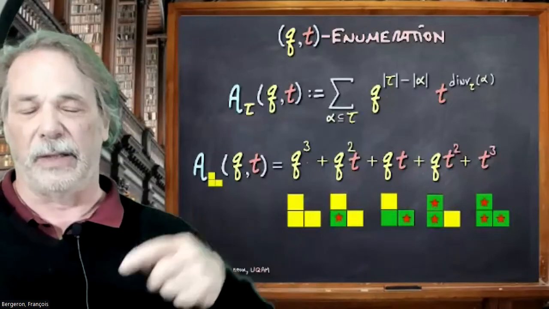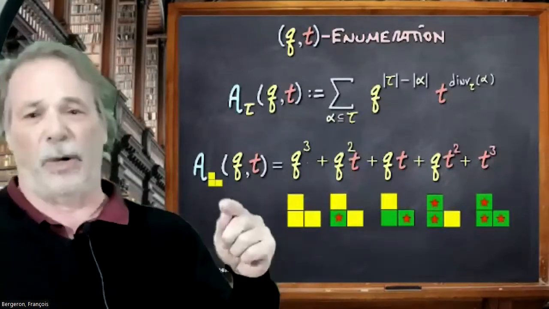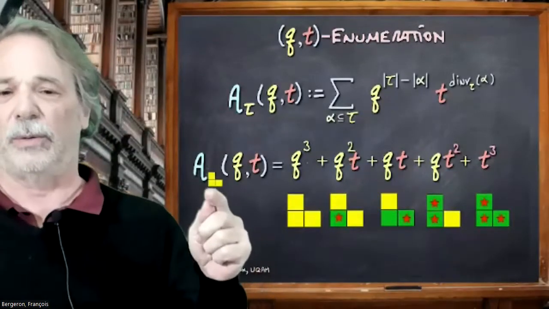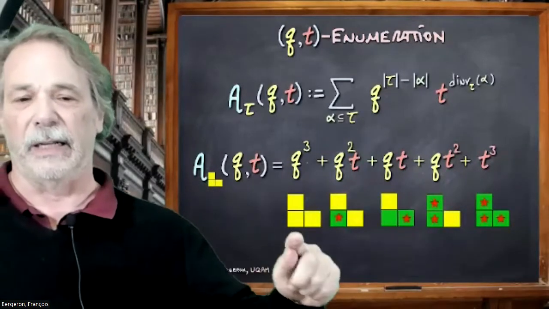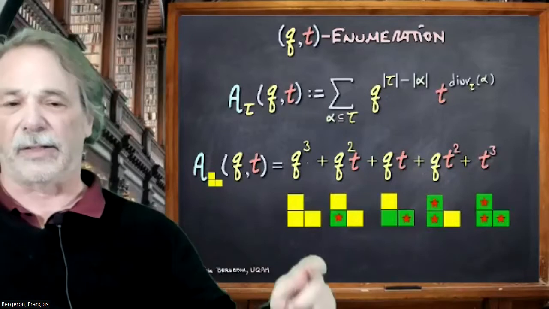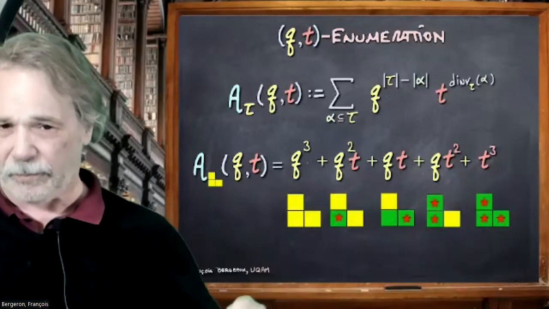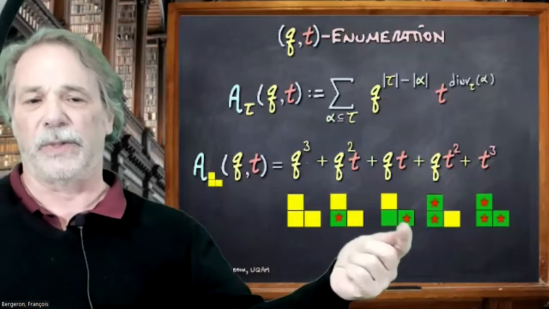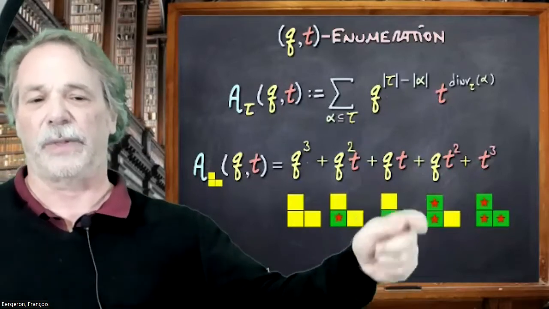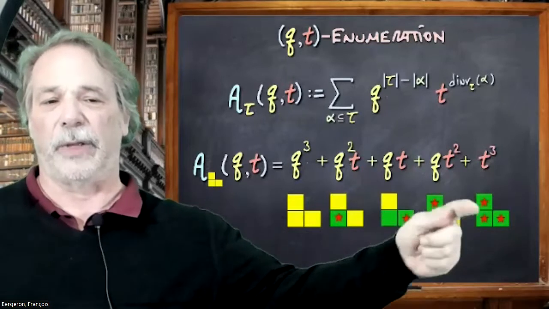I'll explain next slide. So you choose a yellow triangular partition, and you look at all the partitions that are contained in it. There are 5 of them. That's a Catalan number. And so nothing, 1 cell, 2 cells side by side, 2 cells one on top of the other, and everything.